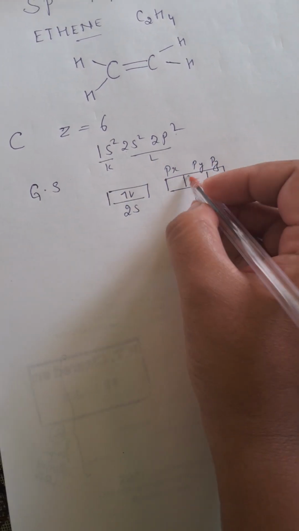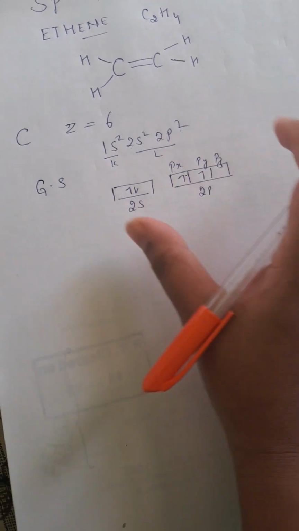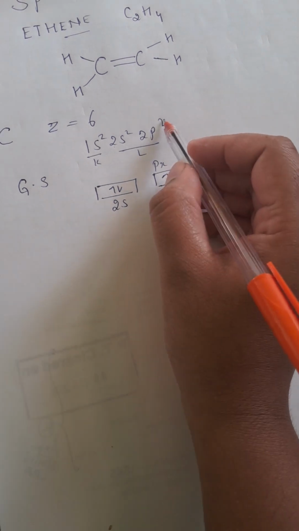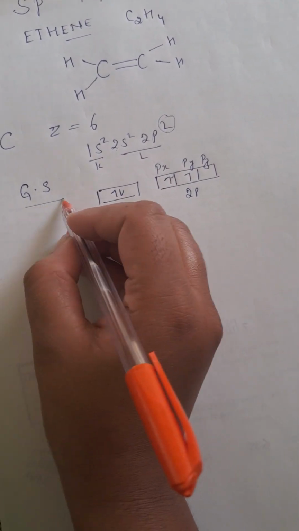How many electrons do we have in 2p? That is 2 electrons, 1 in each. We fill partially first, and only then start completely filling, but since I have 2 electrons, I just fill this much. So this is the ground state.